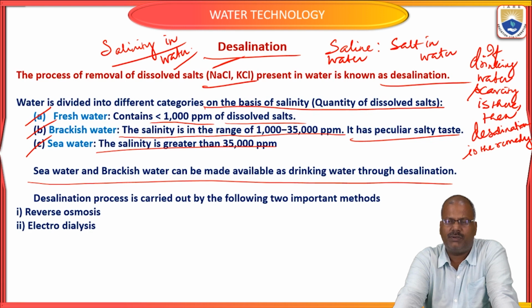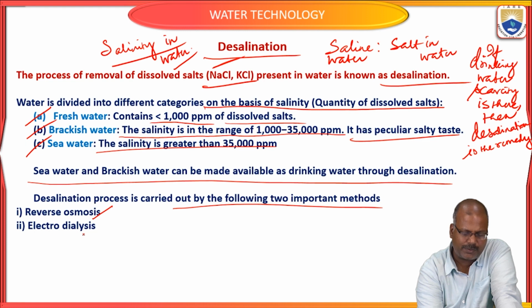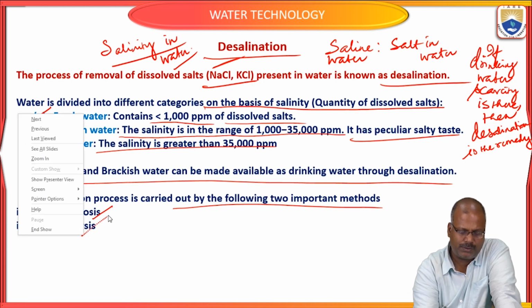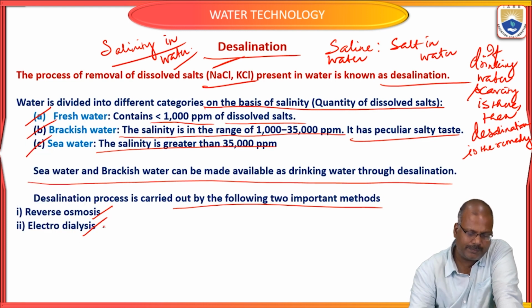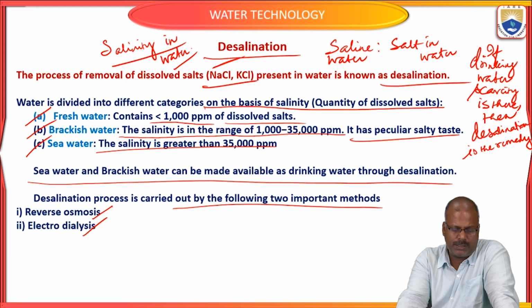Not to the level of potable, but still to the level of drinking. So the desalination process is normally carried out by two important methods. One is reverse osmosis, another one is electrodialysis. These two methods are important in the desalination process.